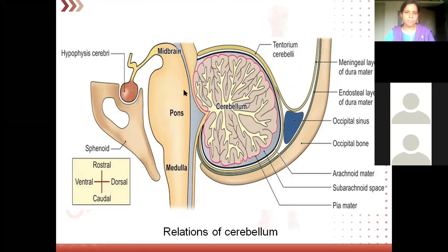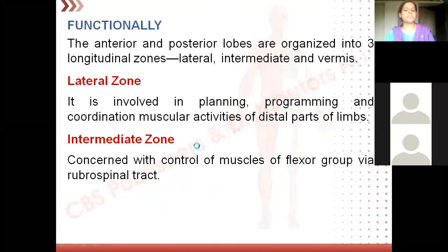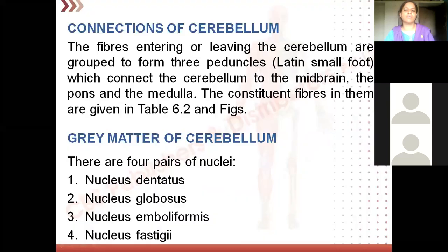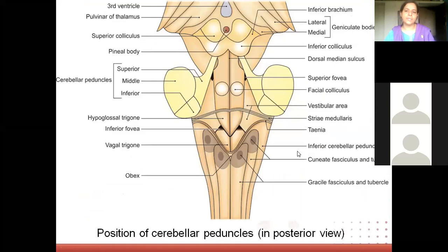That is the posterior aspect of the pons and the posterior aspect of the medulla. You removed the cerebellum, hence you are seeing the floor of the fourth ventricle, which we have already discussed. This labeling you have to practice for the floor of the fourth ventricle. Stria medullaris is the partition. Upper half is pons, lower half is medulla.